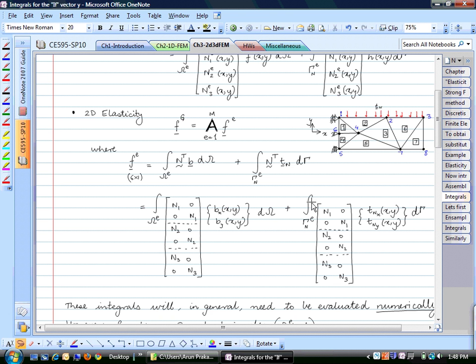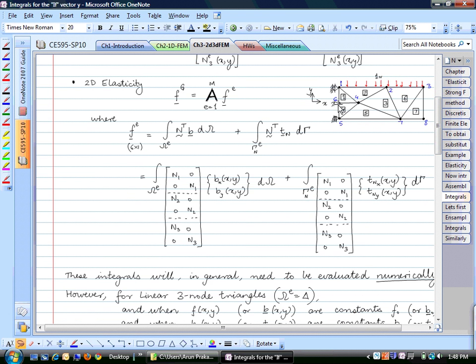So the same thing happens here, and we somehow need to find a way to integrate all these over the edge of the element. So in this case, we need to evaluate these integrals over the domain of the triangle, and in this case, we need to evaluate these integrals over the edge of the triangle. So in this case, only element 2 has a gamma n, and only element 6 has a gamma n.